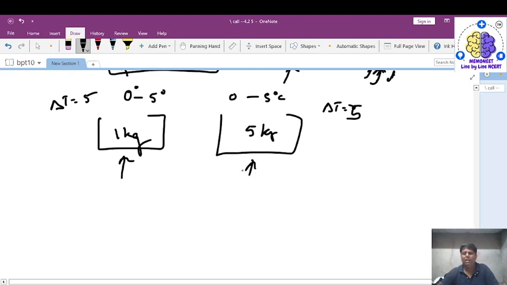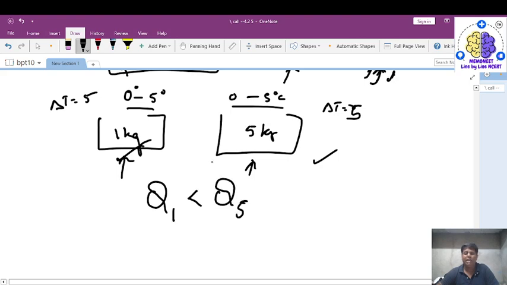So if we supply heat to both the substances with the same burner, the time required to change the temperature of the bodies by the same range will be less for the 1 kg body and more for the 5 kg body. That is, the heat supplied to 1 kg will be less than the heat supplied to 5 kg. Why? Because the time required is more.